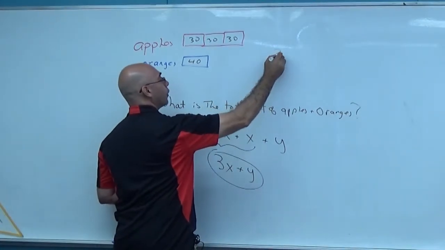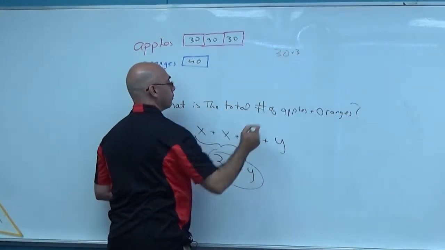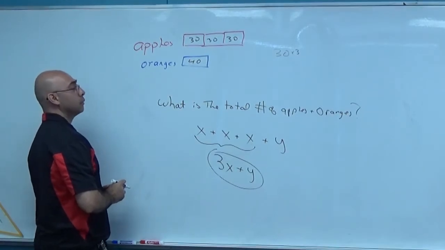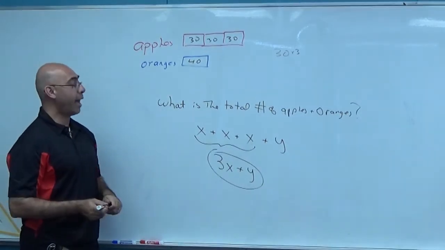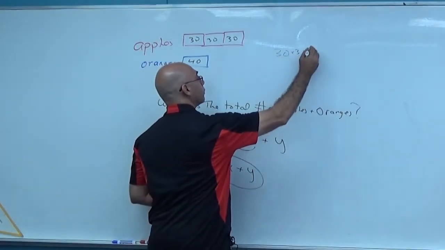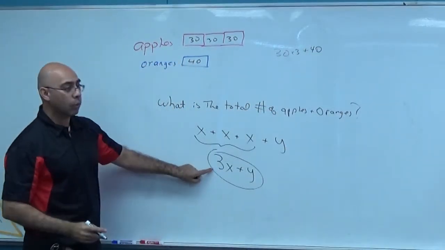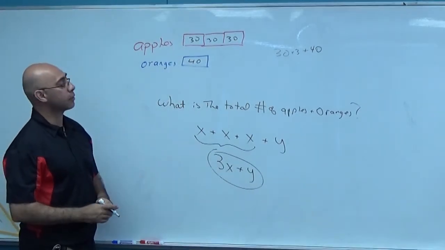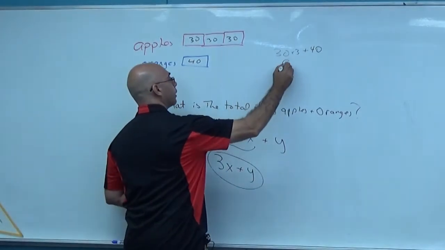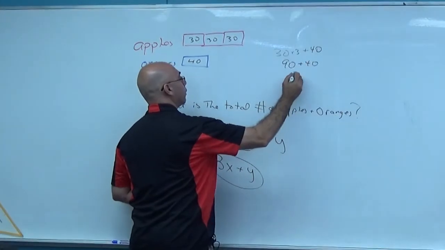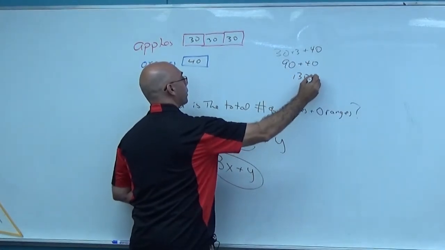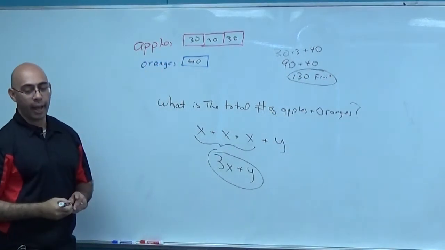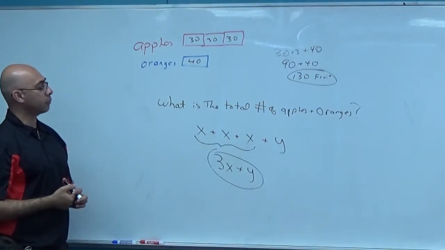You'd write down 30 times 3, and then you add the 40. So now we're using what we figured out and just replacing the numbers that they give us. This is 90 plus 40, which is 130 pieces of fruit, or apples and oranges.